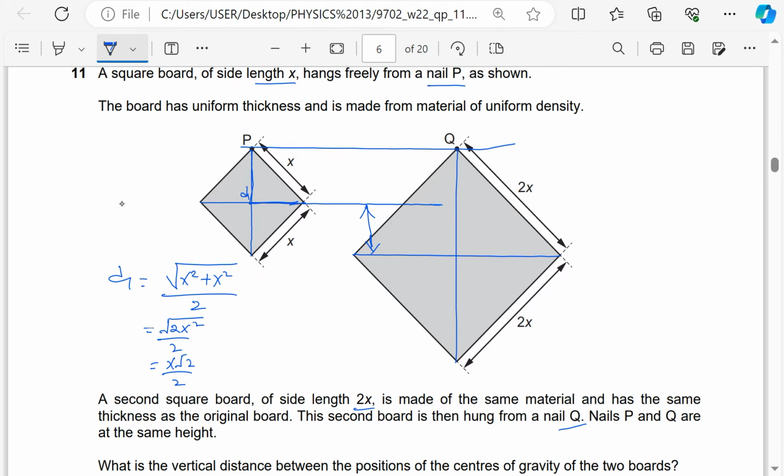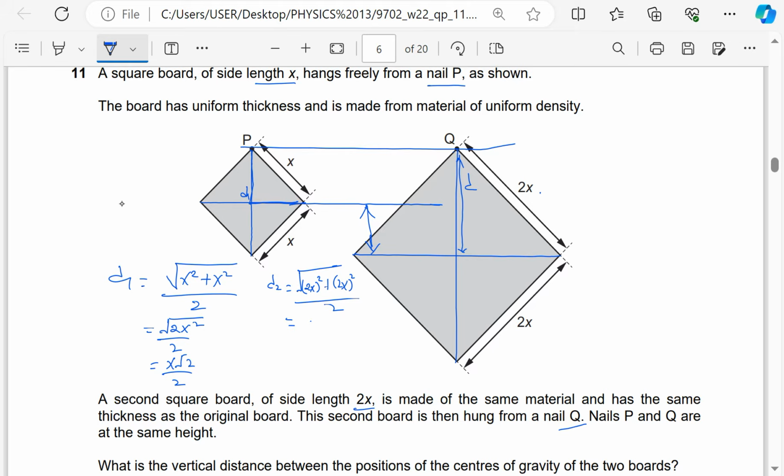Then I'll also find the distance from P to this point here. I'll call it D2. I'll first find the diagonal by Pythagoras theorem, then I divide the diagonal by 2. So D2 is going to be the square root of a squared plus b squared. That is going to be 2x squared plus 2x squared, then I divide this by 2. So this becomes 4x squared plus 4x squared.